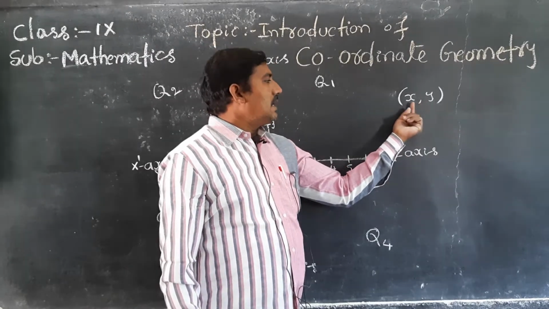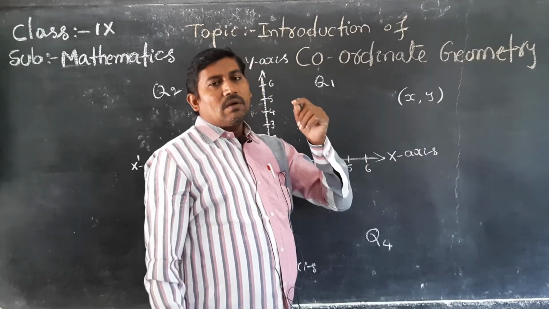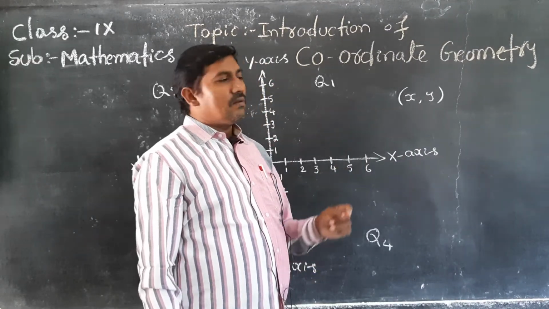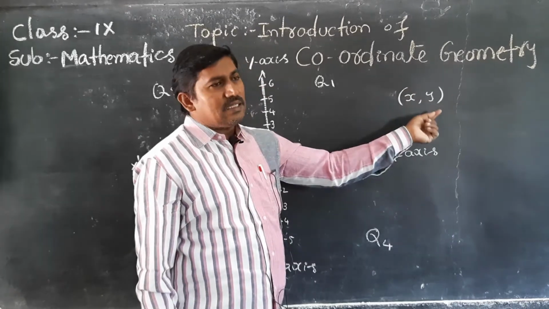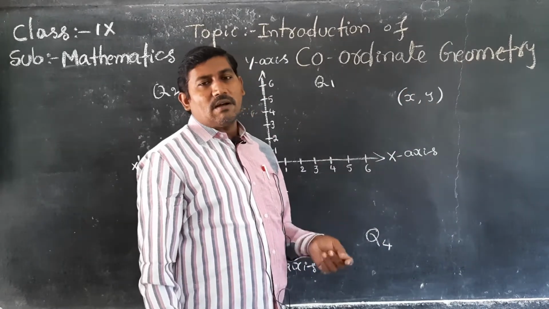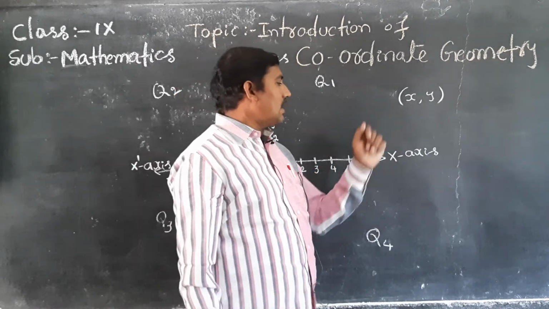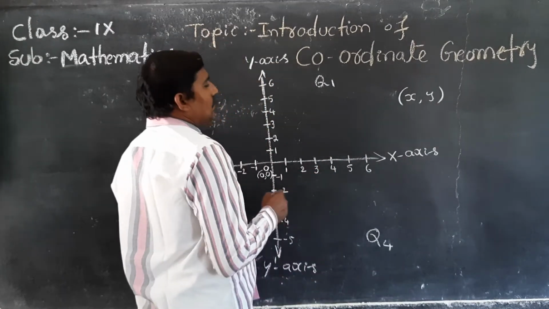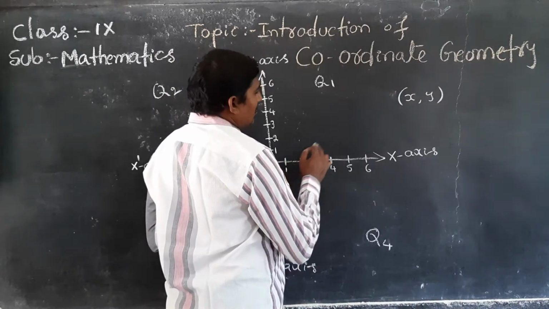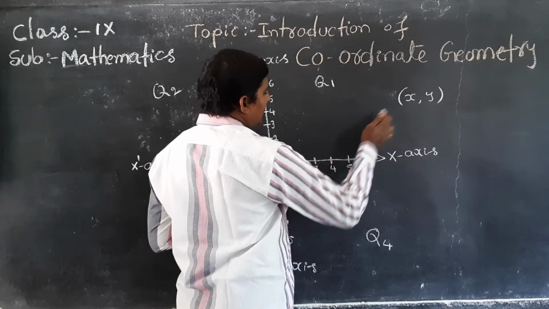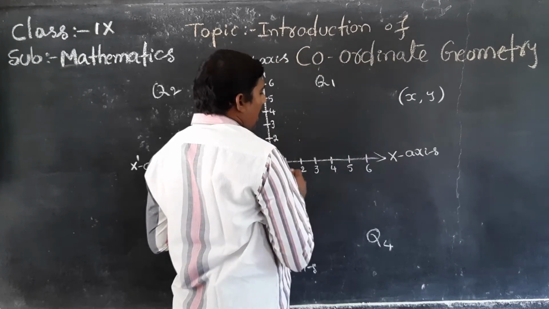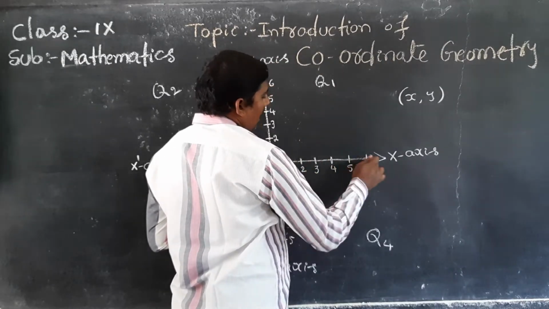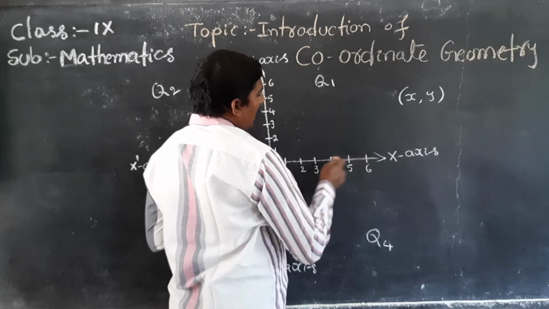Coordinate means the locating point, where its place is on the x-axis and where its place is on the y-axis. First, on the x-axis, in this area all are positive values.